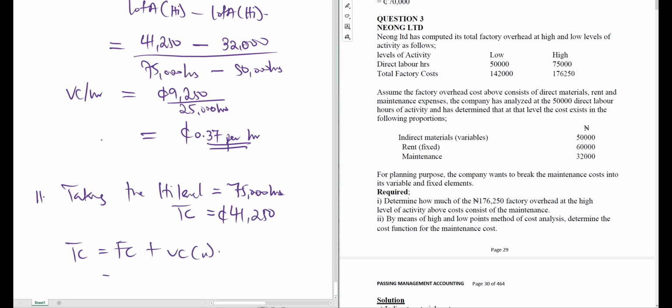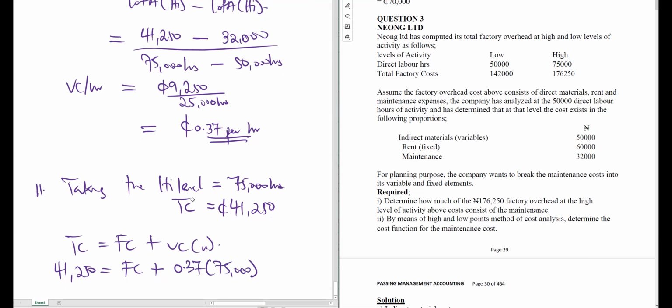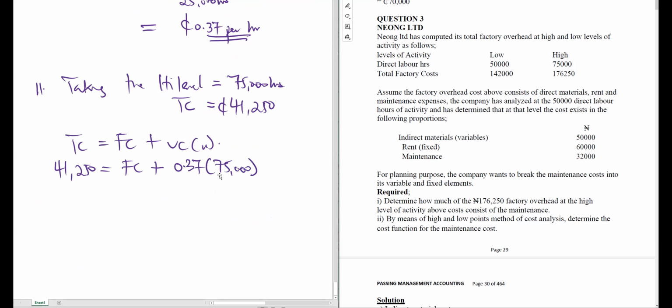So fixed cost is what we are trying to find. At this level, total cost is 41,250 cedis. We compare to our fixed cost plus variable cost of 0.37 times the number of units, which here was 75,000 hours. We can easily get our fixed cost. So we have 41,250 minus 27,750 equals fixed cost. So that means our fixed cost is how much?